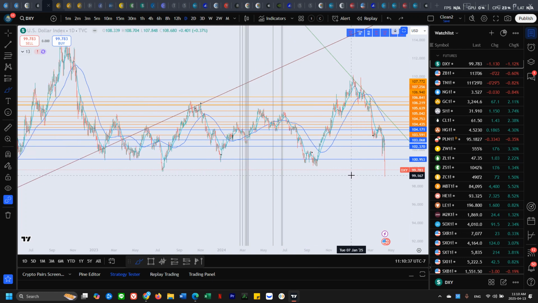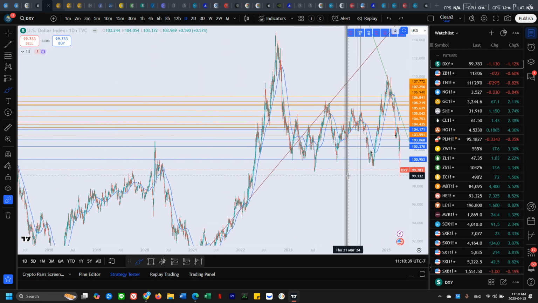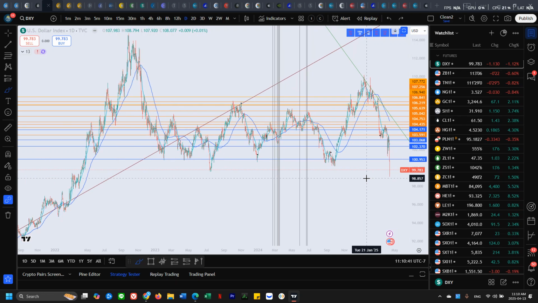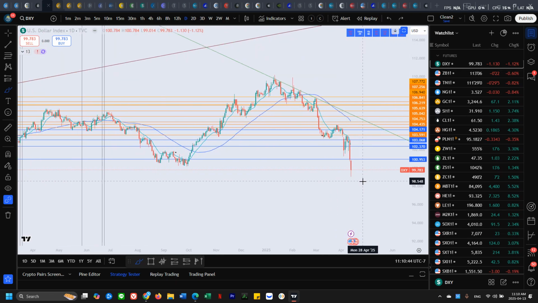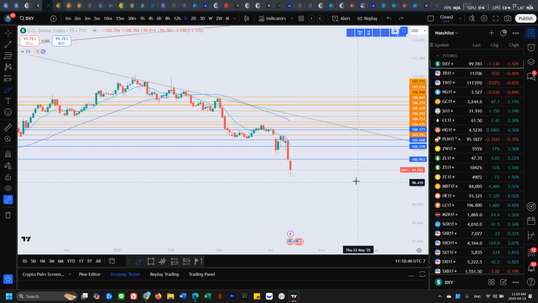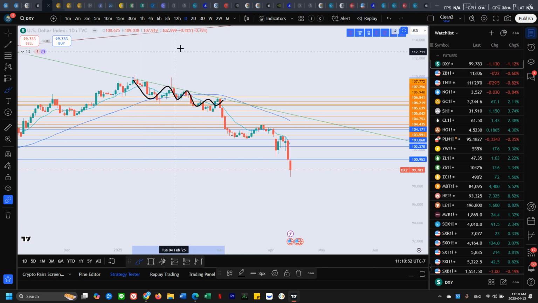So no signs of bouncing yet. Obviously, very news driven. But we talked about this as well. Even though it's news driven, TA showed us that we are in a daily downtrend and a weekly downtrend. So we talked about this weekly downtrend over here as well. And as long as it continues, it's going to keep going down.